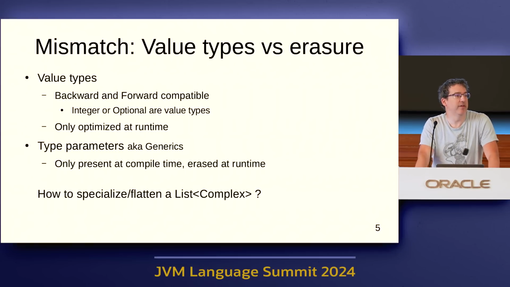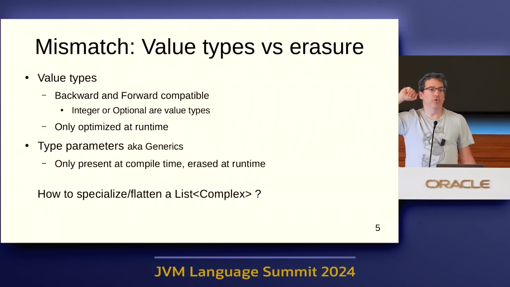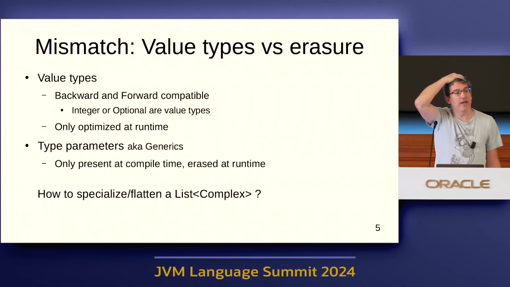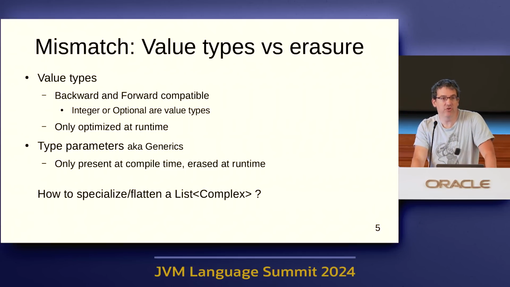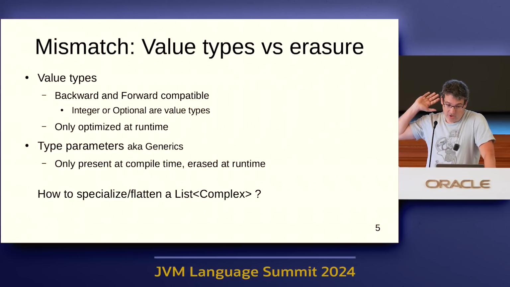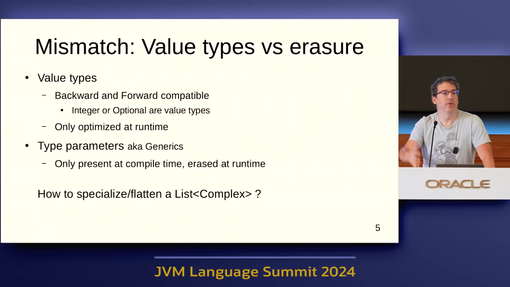It's even more than that. It's backward compatible and forward compatible, which means that you can put value in front of a class or you can remove value in front of a class. It should be binary backward compatible, which means that all the optimization has to be done at runtime, because only at runtime we know if a class is a value class or not.